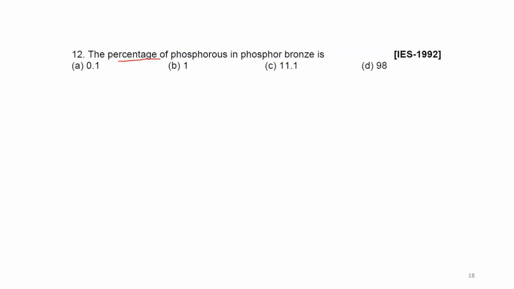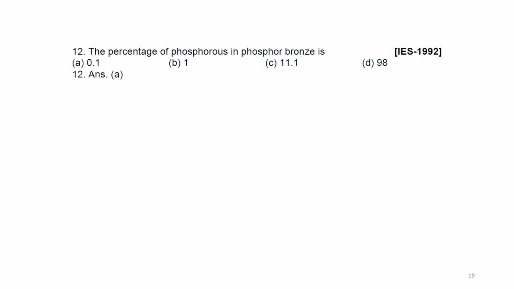Next, the percentage of phosphorus in phosphor bronze is 0.1%, 1%, 11.1%, or 98%. This is actually 0.1%.